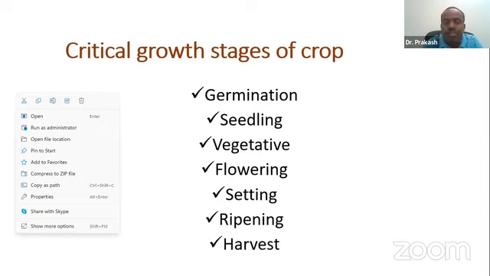These stages should be properly fulfilled with irrigation as well as nutrition. Proper nutrition and irrigation for these 7 to 8 growing stages depends on the different crops. So at these critical stages we have to give the proper ratio of irrigation as well as water and nutrients.